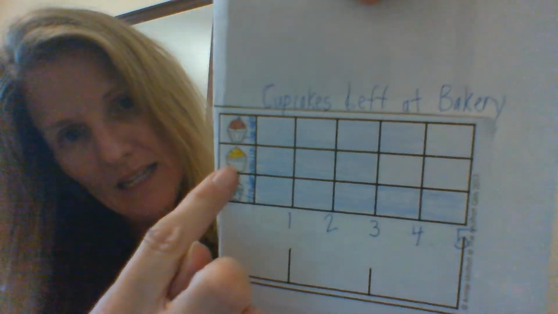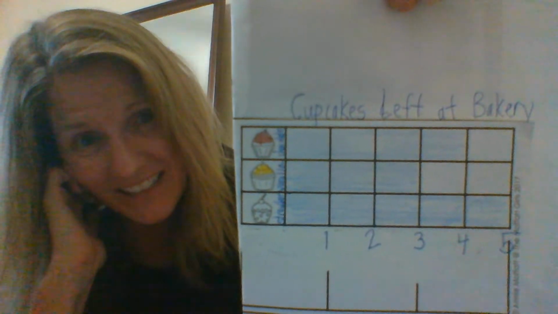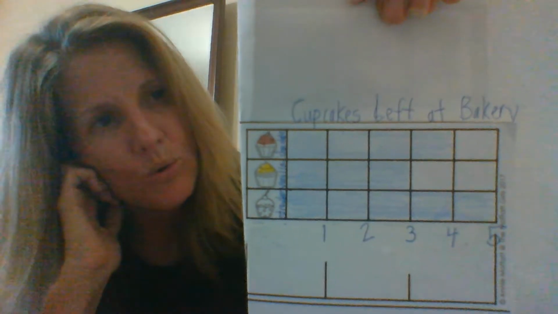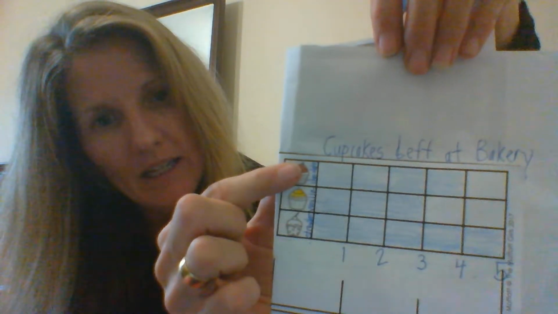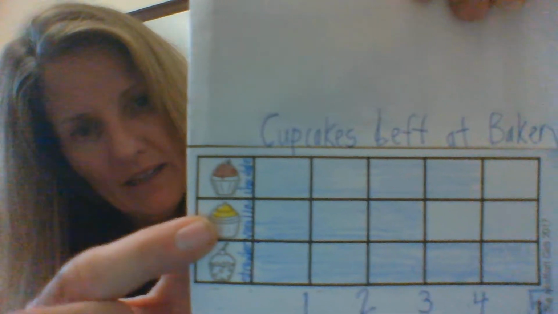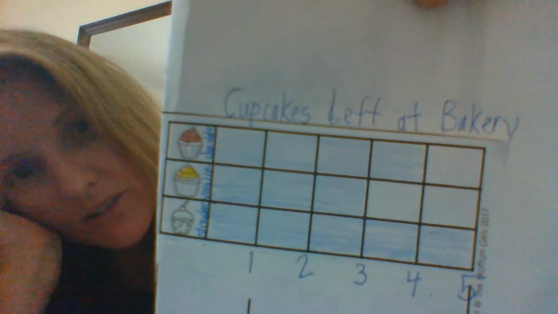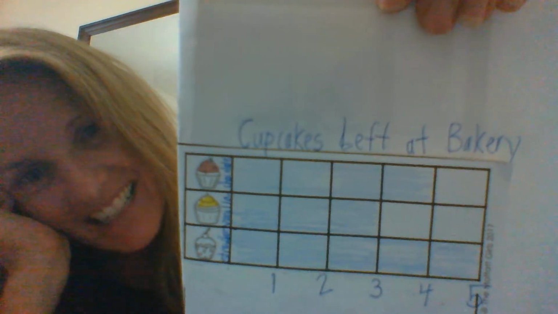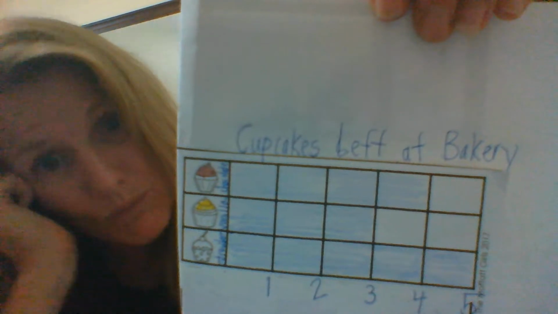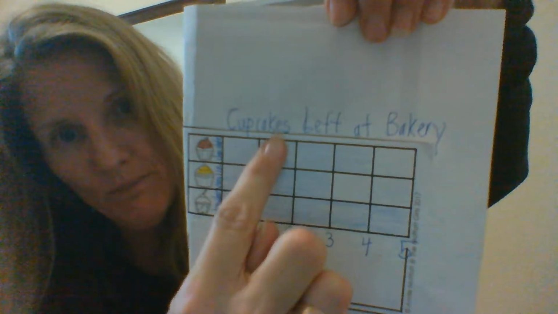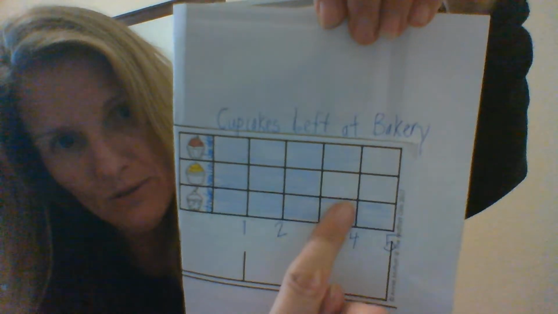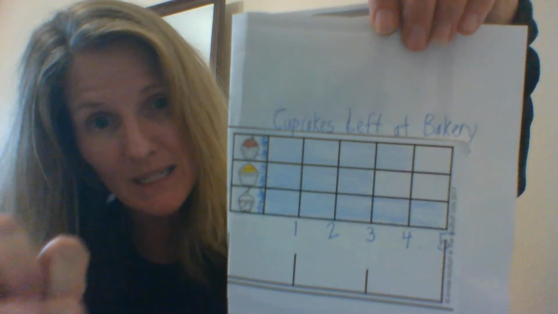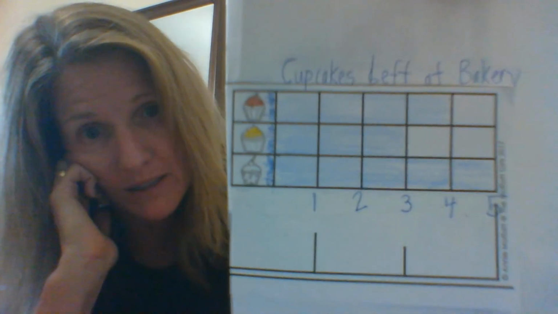This one's the least. Vanilla, good. And do you have more chocolate or vanilla left at the bakery? I'll hold it really close. Yeah, good. More chocolate. How many more? Let's see. Partner, partner, partner. Oh, no partner. Just one without a partner. That means there's one more.